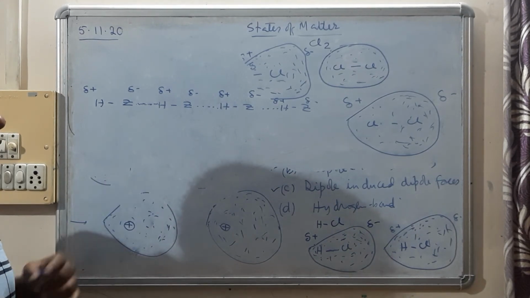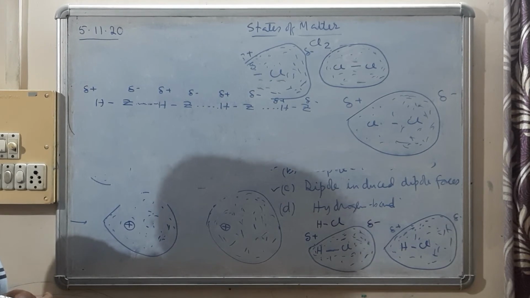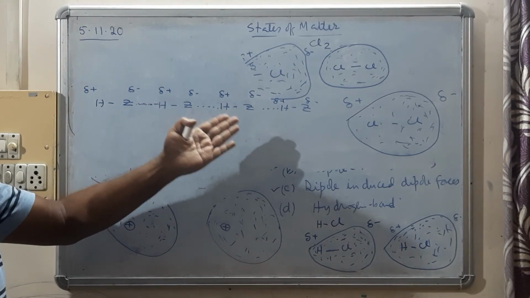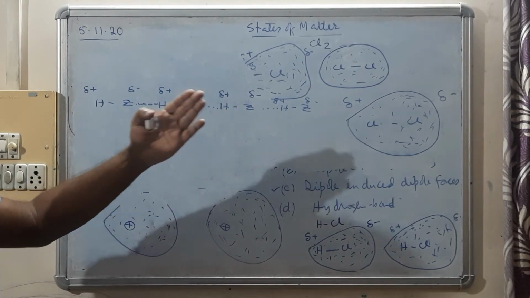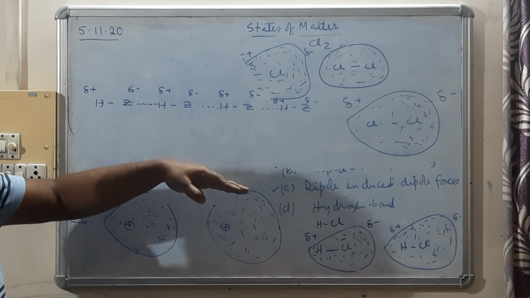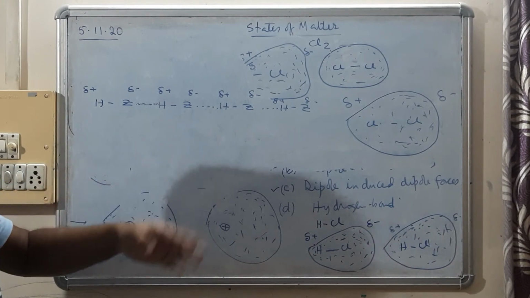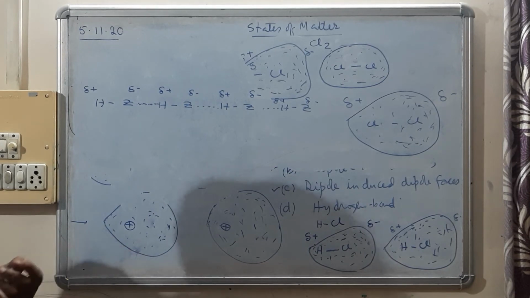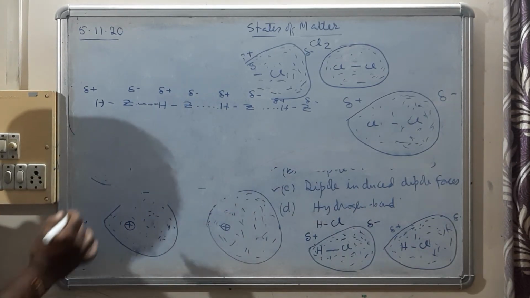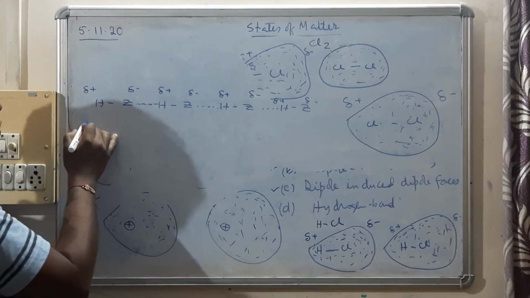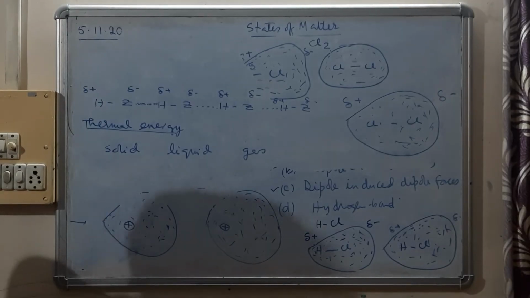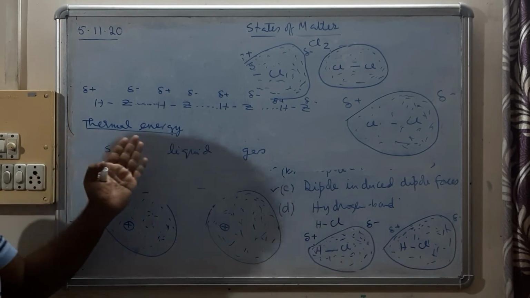So these are some of the types of intermolecular forces, and as I say, another factor which determines whether a substance will exist in solid state, liquid state, or gaseous state is thermal energy.